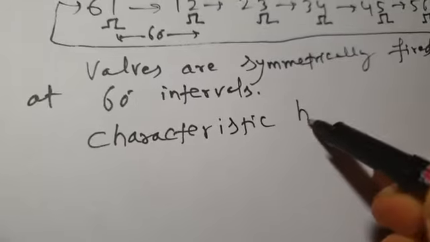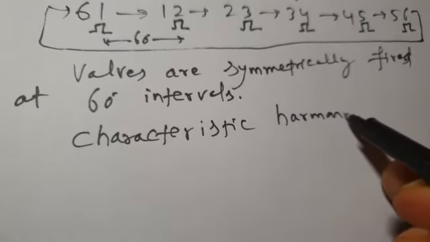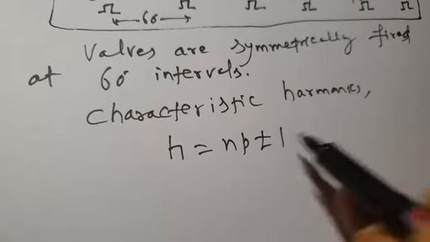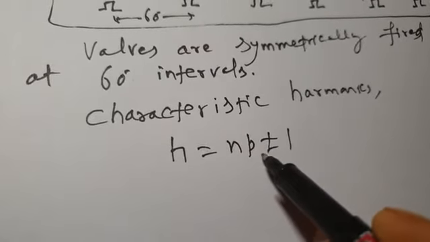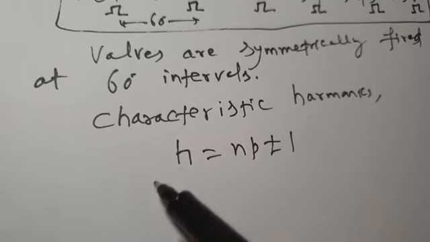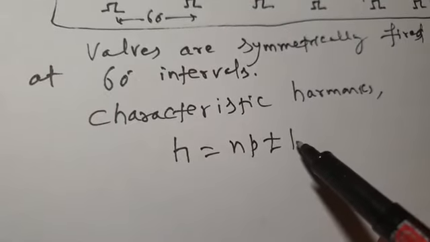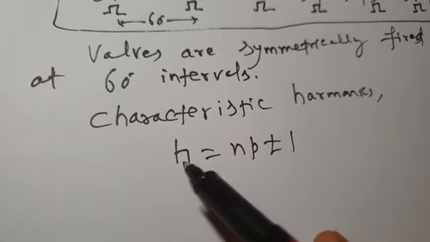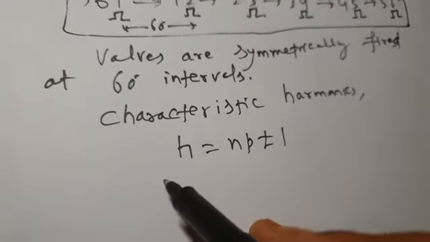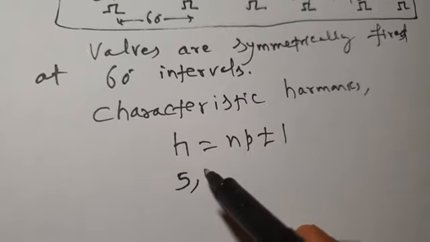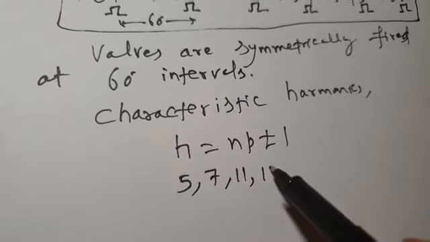Characteristic harmonics, you already know. What are the characteristic harmonics? h equal to Np plus minus 1, where n is integer 1, 2, 3, 4, and p is the pulse number. For example, for a 6 pulse converter, p equal to 6, n equal to 1, so harmonics are 5 and 7. Then for p equal to 6, n equal to 2, harmonics are 11 and 13. I mean, for a 6 pulse converter, the harmonics in the current drawn are 5, 7, 11, 13, and so on.